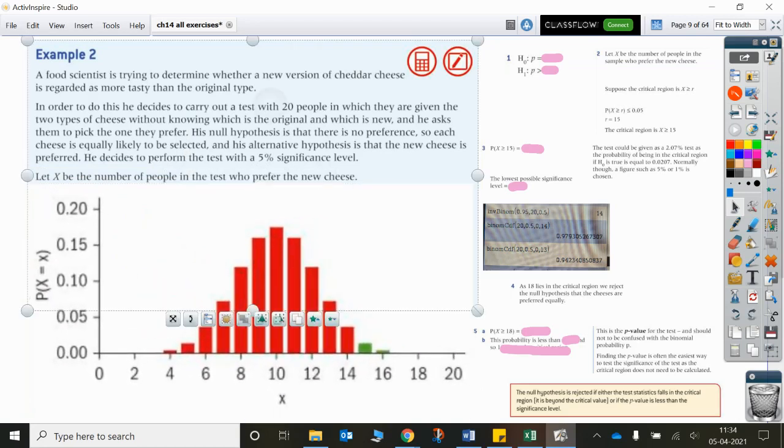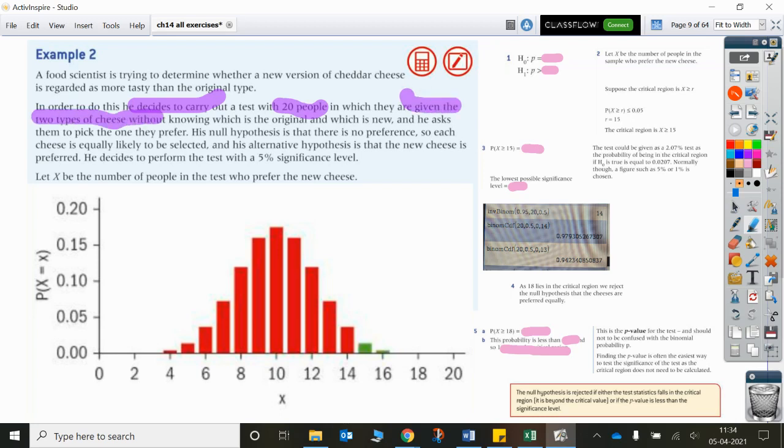Okay, so it says a food scientist is trying to determine whether a new version of cheddar cheese is regarded as more tasty than the original type. Okay, in order to do this, he carries out a test with 20 people in which they're given 2 types of cheese without knowing which is the original and which is new. And he asks them to pick the one which they prefer.